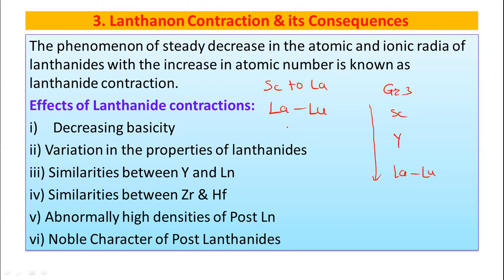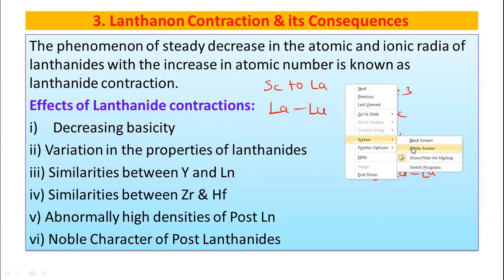So why is there a contraction in the size? The reason is that in the case of the lanthanoid elements, the electrons are added into the 4f orbital, and 4f orbitals are inner orbitals.